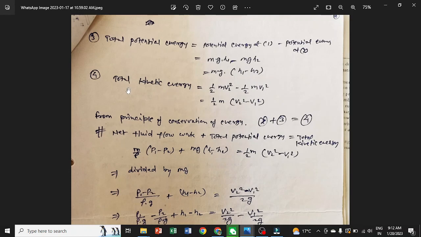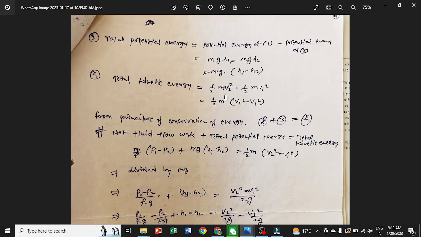And finally kinetic energy. Kinetic energy is always 1 upon 2 mv square. So kinetic energy at exit and at entrance: 1 upon 2 mv2 square minus 1 upon 2 mv1 square.